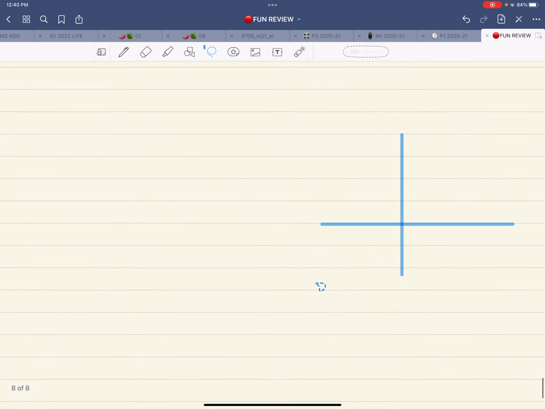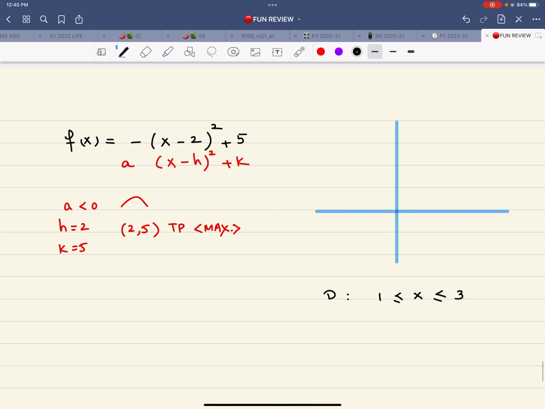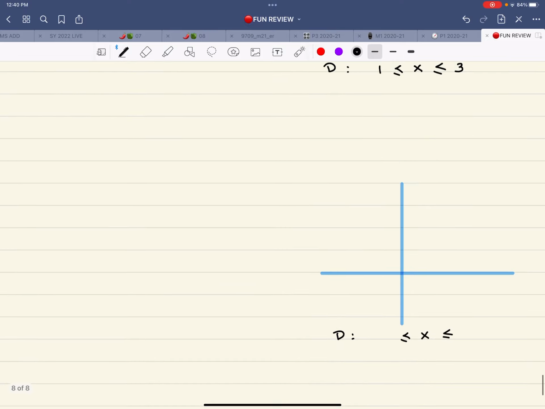Another domain is x lies between, the x coordinate is 2, so therefore I take 0 and minus 3.